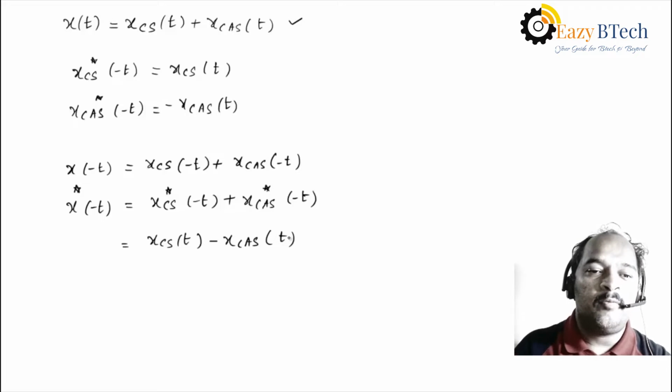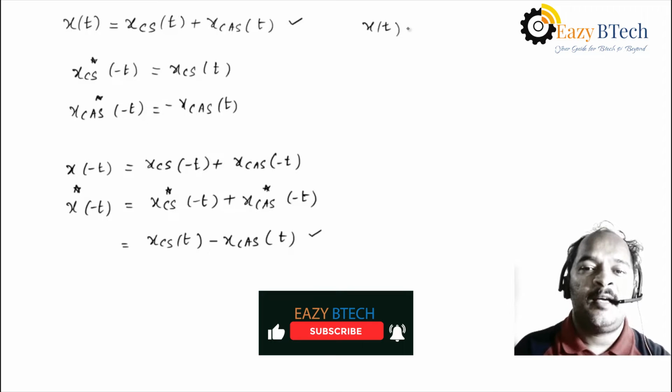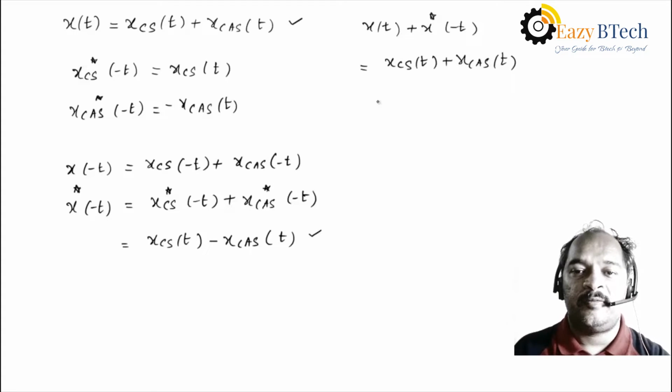Now we add these two functions, the starred one and the original: x of t plus x star of minus t. We get xcs of t plus xcas of t, that is x of t, and x star of minus t is nothing but xcs of t minus xcas of t.